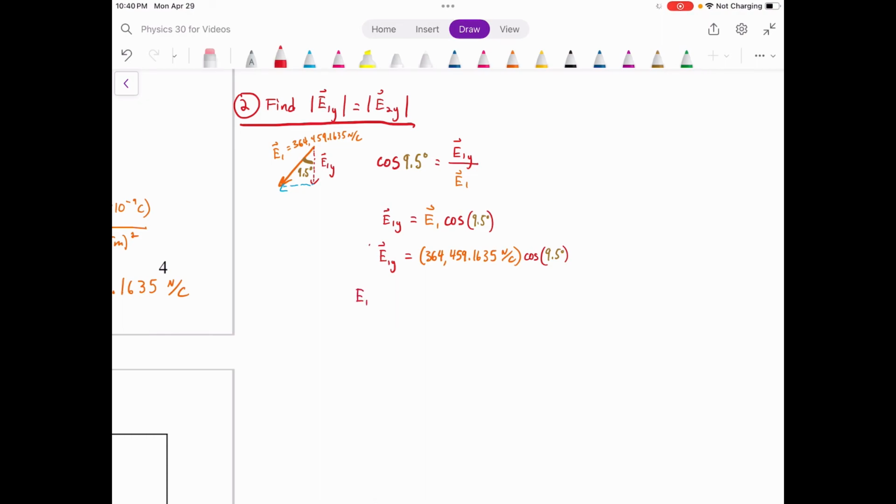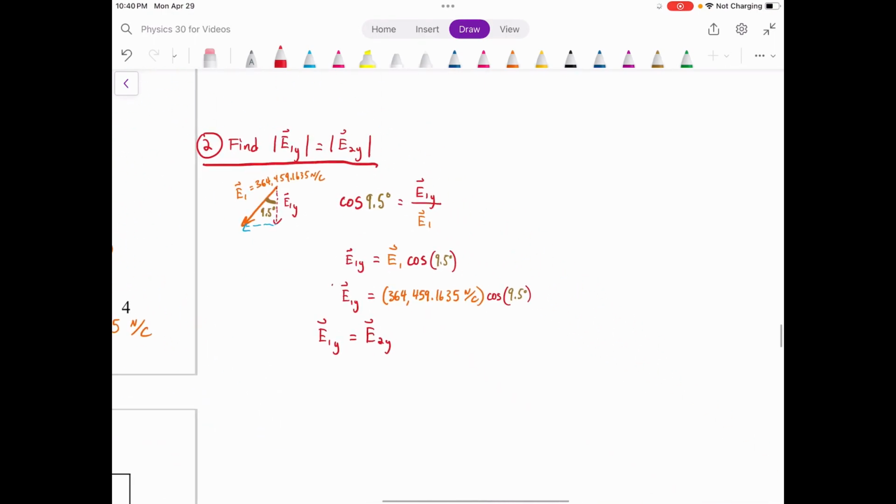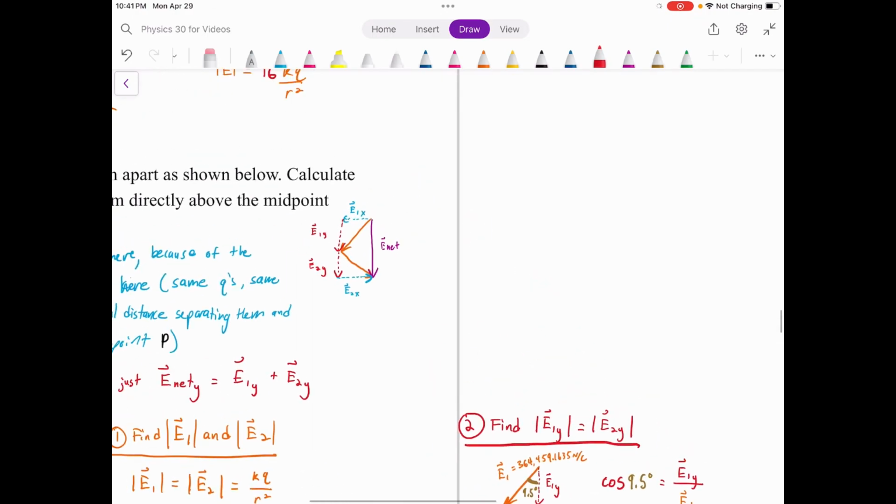So the electric field from object 1's y component, which again is the same as the electric field from object 2's y component, the geometry here is all identical. So that's going to be 364,459.1635 newtons per coulomb times the cosine of 9.5 degrees, and that gave me 359,460.8235 newtons per coulomb.